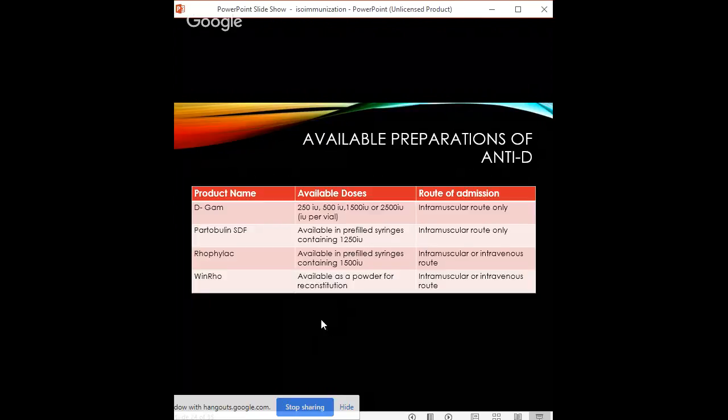Do you know the reason why you might allow particular formulations to be given intramuscularly only and some to be given intramuscularly and IV? No.